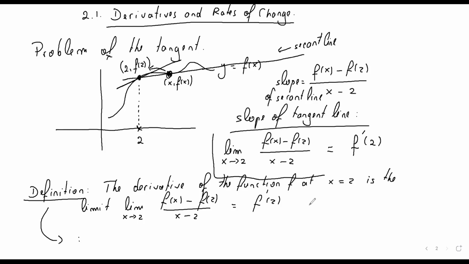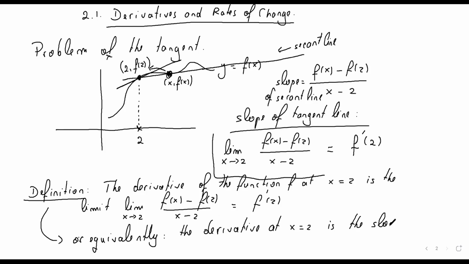so you can take this definition as your definition of a derivative, or equivalently, the derivative at x equals 2 is the slope of a tangent line to the graph at the point 2 comma f of 2.